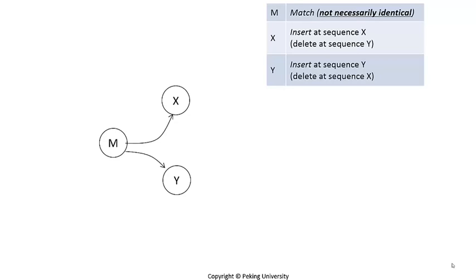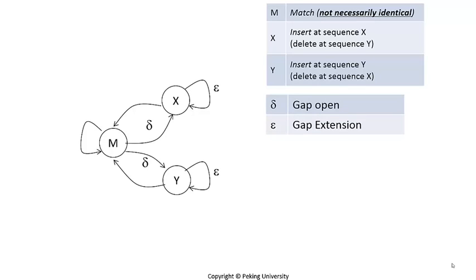From state M, we can transit to state X or Y to open a new gap. From state X or Y, we can also transit to state X or Y itself to extend a gap. Of course, from state M, we can also transit to state M itself to extend the alignment with no gap added. On the other hand, from state X or Y, we can transit back to M to close a gap.